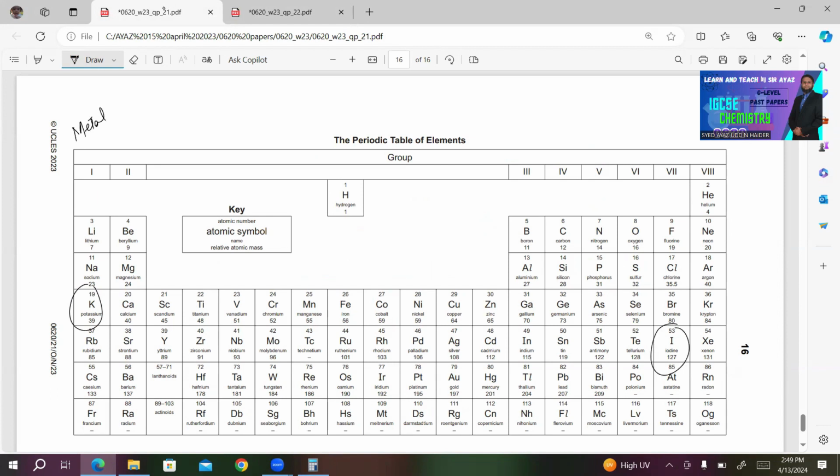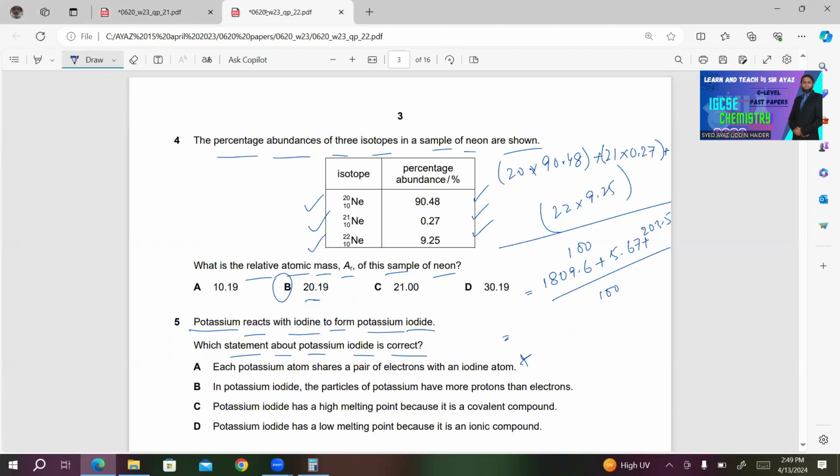Iodine is group 7, it's a non-metal. So it must be ionic. In an ionic compound, there's a transfer of electrons, or loss and gain of electrons. So statement A is incorrect.